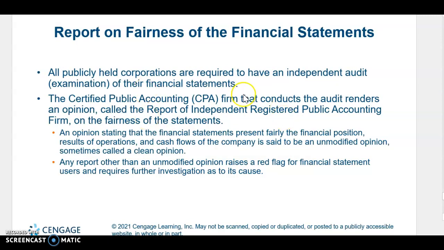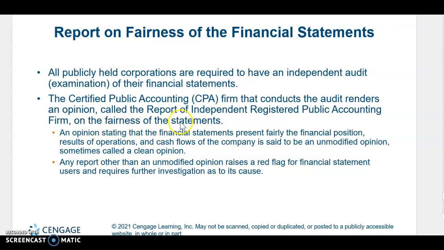So the requirement is for all publicly held corporations to have an independent audit of their financial statements. So the firm is a certified public accounting firm, and they will conduct the audit, as I mentioned earlier. And in that, they will give their opinion on the fairness of the financial statements.